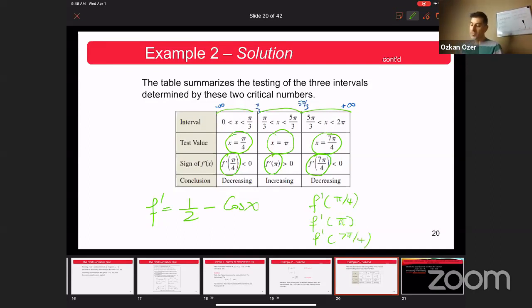I'm going to cheat here from the slide: f prime at pi over 4 is in fact 1/2 minus cosine pi over 4. Go ahead and check that this is negative. And likewise, this is negative, this is positive. Okay?